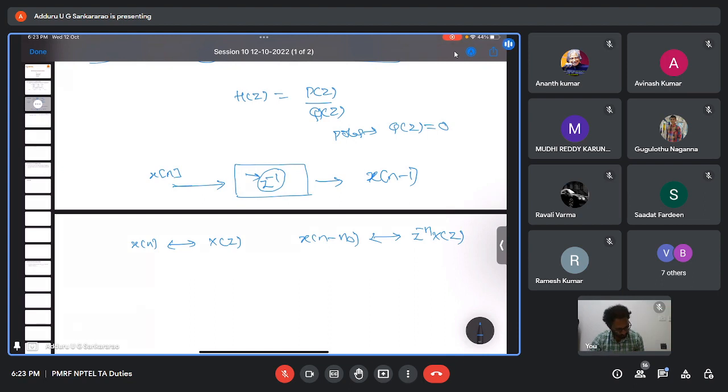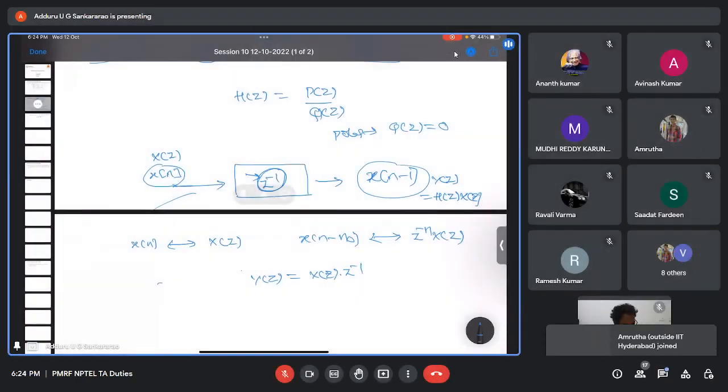So what is the output in this case? Let us say the z transform of x of n is x of z. Then the output y of z is nothing but x of z into h of z, so the input x of z into z inverse, the transfer function.